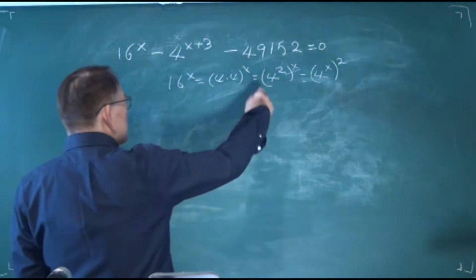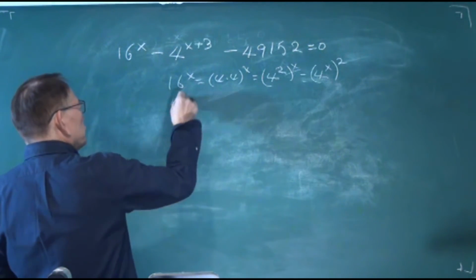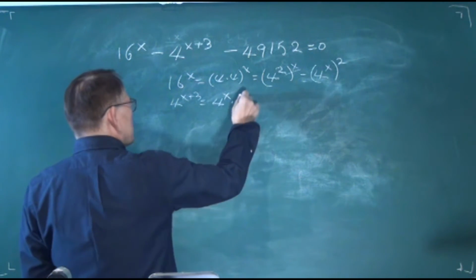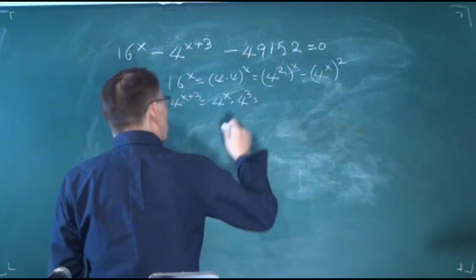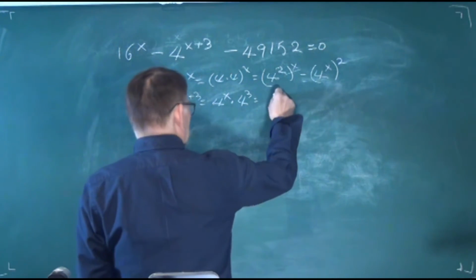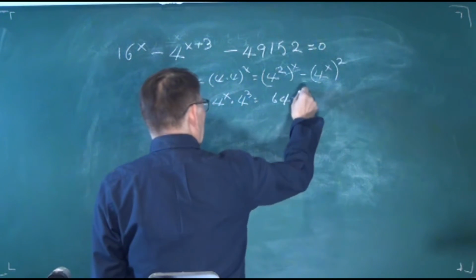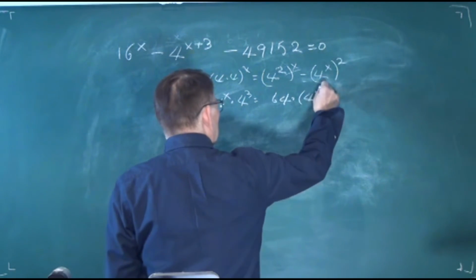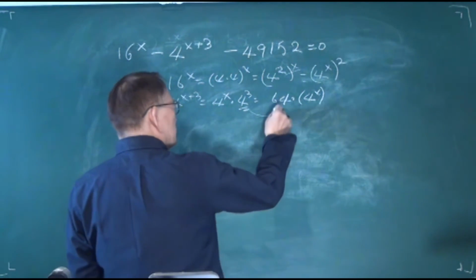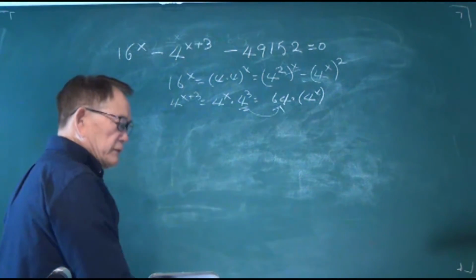In a very similar way, 4 to the x plus 3 is the same as 4 to the x times 4 to the third, which is 64 times 4 to the x. 4 to the third power is 64, very obvious.